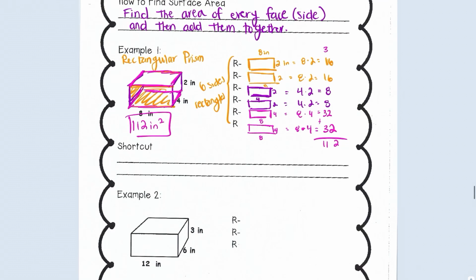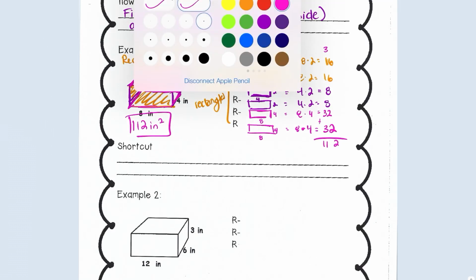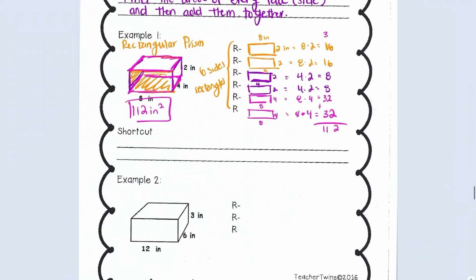Now, you might be thinking there's a little bit of a shortcut, right? Yeah, there is. When we were finding all 6 faces of this 3-dimensional figure, you notice that there are repeats, right? There were 2 rectangles that were 8 by 2.